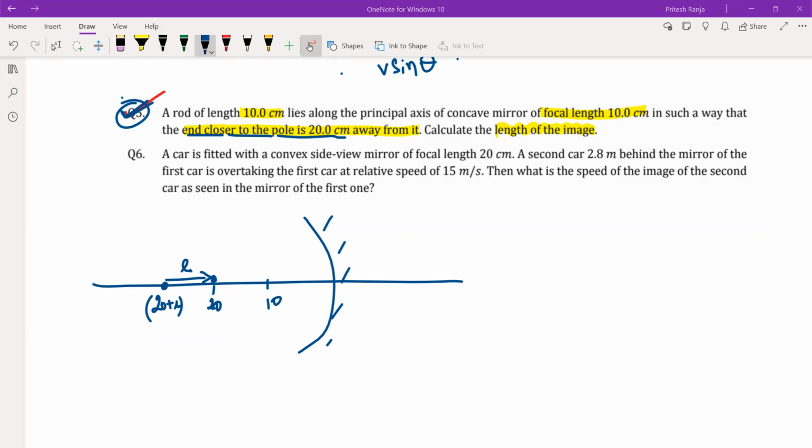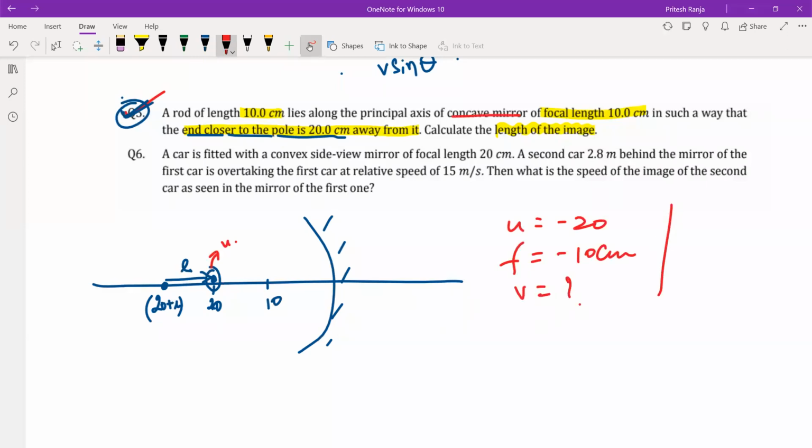So first you can find the position with respect to this point. इस point के respect में अगर object यहाँ रहेगा, that means if u is -20, f we already know it is -10 because this is concave mirror. So we will get v from here.